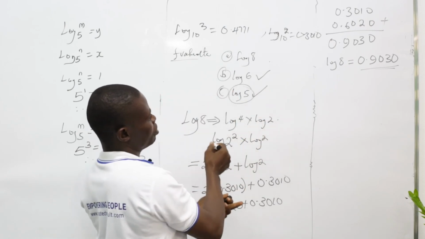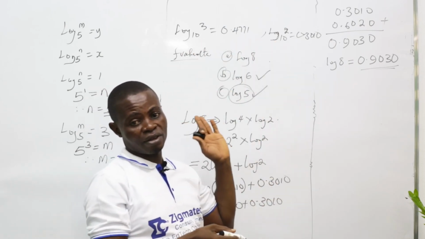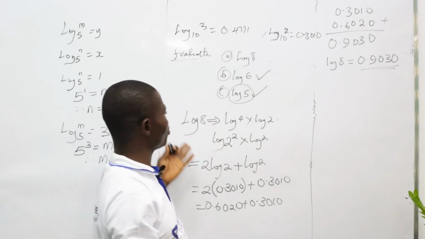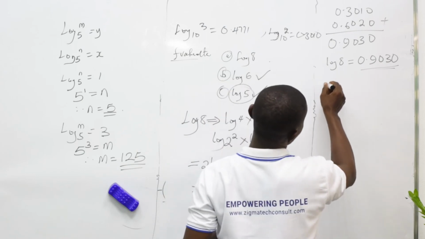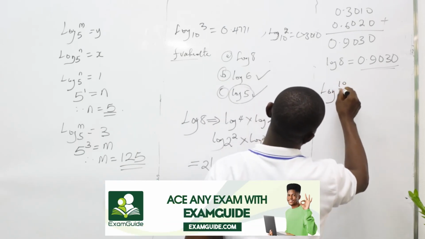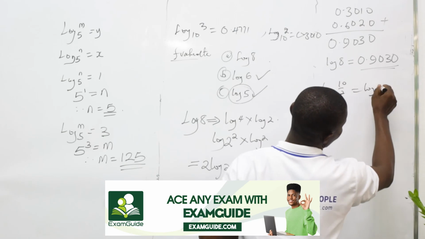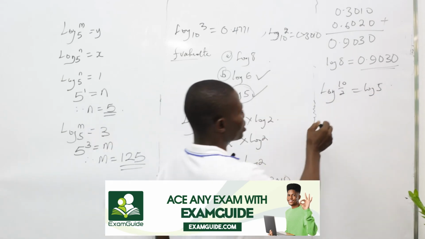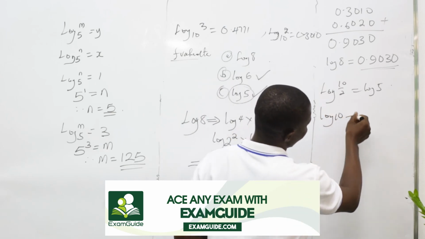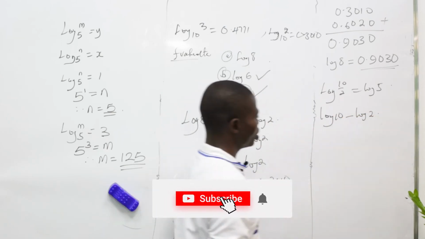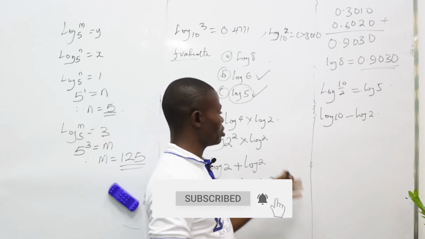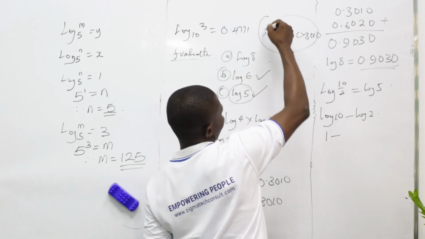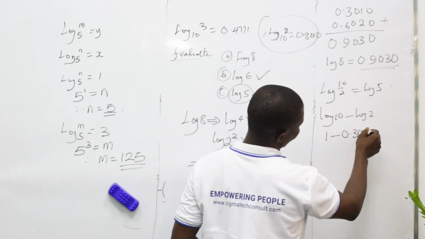But my interest is this. You have log 5, but there's no trace of 5 here. There's something you can always do when there's no trace of what is given to you. What is that? Recall that log 10 over 2 can give us log 5. Then that is log 10 minus log 2. Log 10 is what? 1, meaning 1 minus log 2, which is given to us as 0.3010.